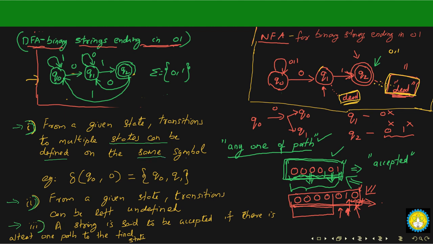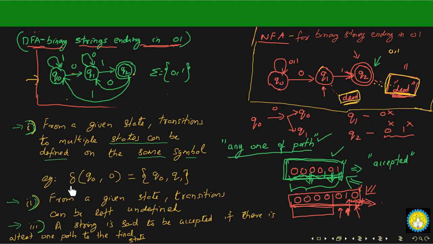For example, in the NFA that we have defined here, an NFA for accepting binary strings ending in 0, 1, you can see that Q0 upon 0 has two different possibilities. Q0 upon 0 can go to Q0 itself or Q1.